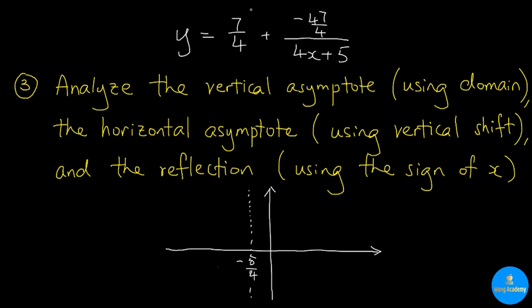This is indicating the vertical shift. Hence, our horizontal asymptote is shifted up by 7 over 4 units. Recall that our original horizontal asymptote is the x-axis. So the new horizontal asymptote is at y equals 7 over 4.